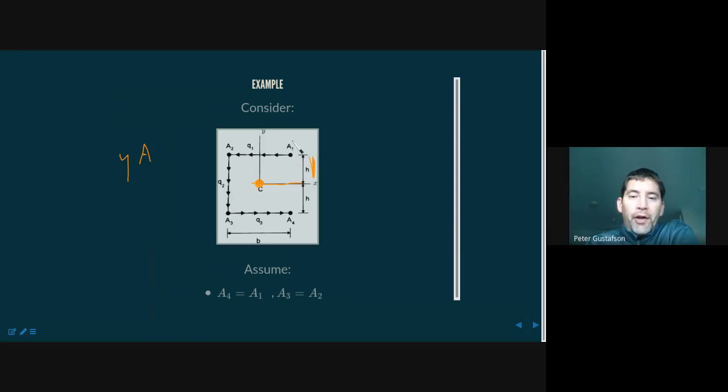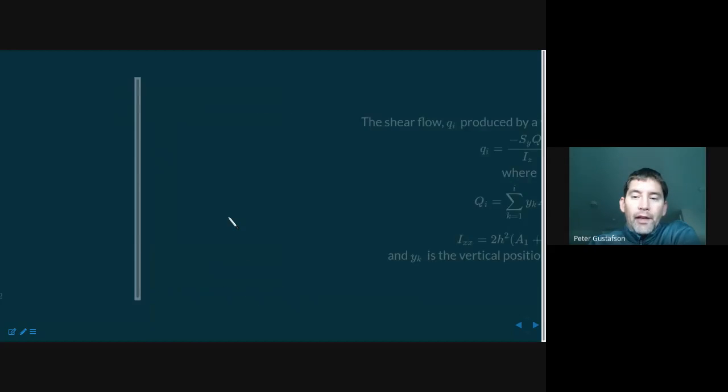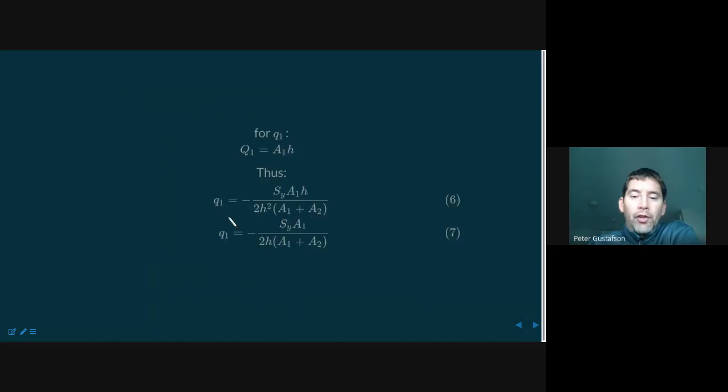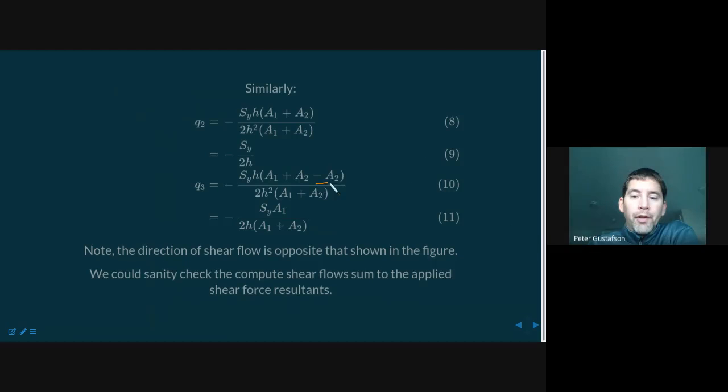Both A1 and A2 were at a positive y magnitude h. A3 was at a minus h magnitude. So that's why we subtracted A3. I brought that sign into the calculation right here.